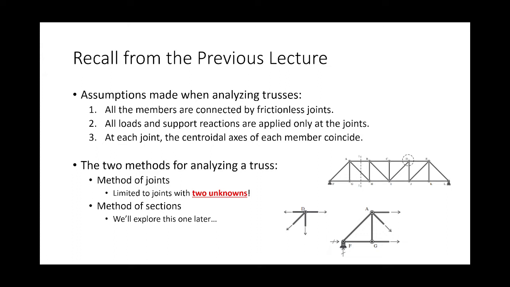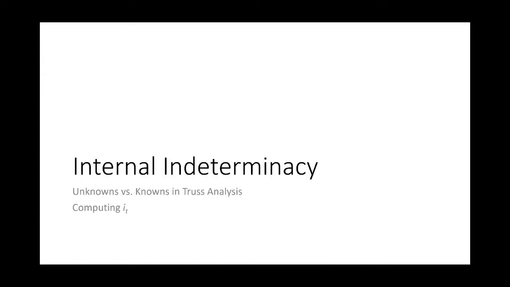We don't have 3 equations of equilibrium. We have 2. Okay? 3 equations of equilibrium will come into play when we utilize the method of sections, because with the method of sections, our forces will not be concurrent. They will not all be going through a common point. So that'll make our life a little easier. But that number 2, I want to see if that's going to pop up again. Let's just think about that.